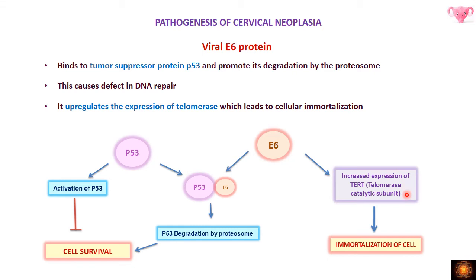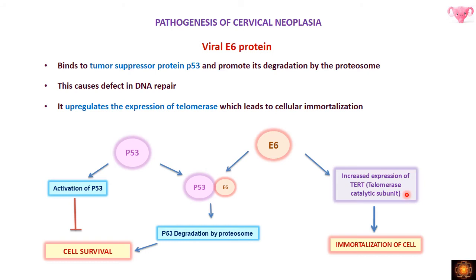If you remember, the telomere is present at the tip of the chromosomes. Whenever the chromosomes divide, for every division, a part of the telomere is lost, until the telomere becomes very small, and then the cell cycle will stop. But what happens when there is a telomerase enzyme?